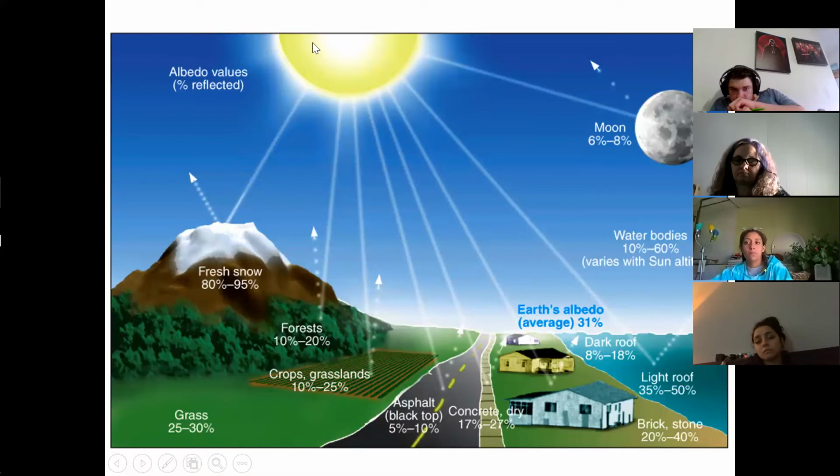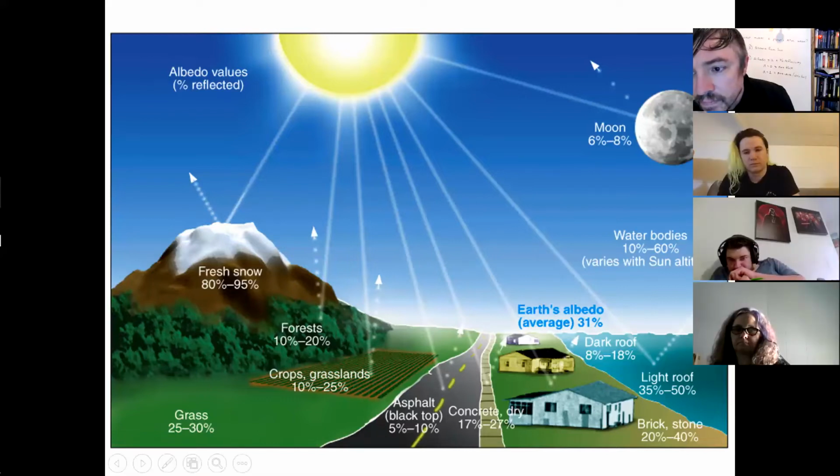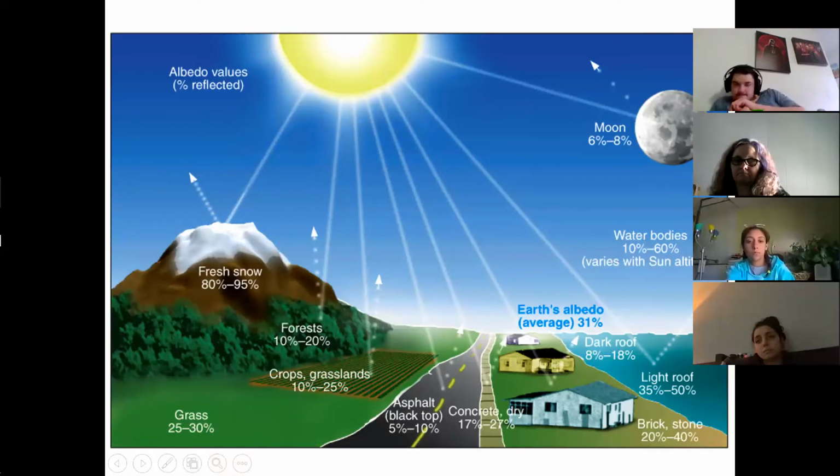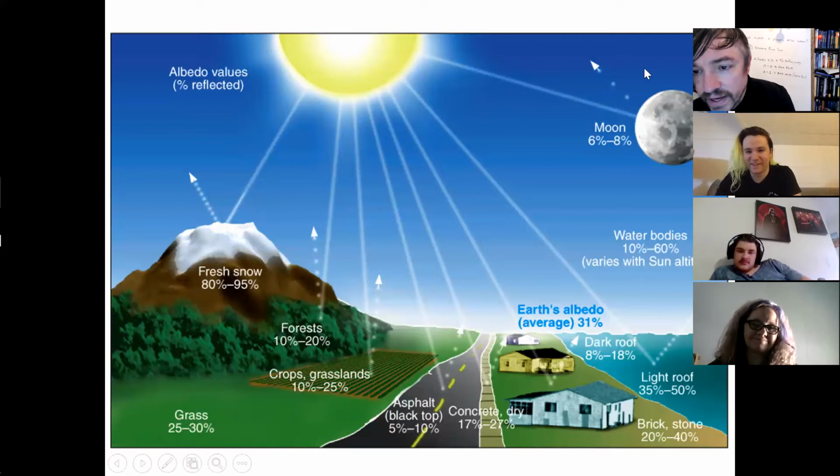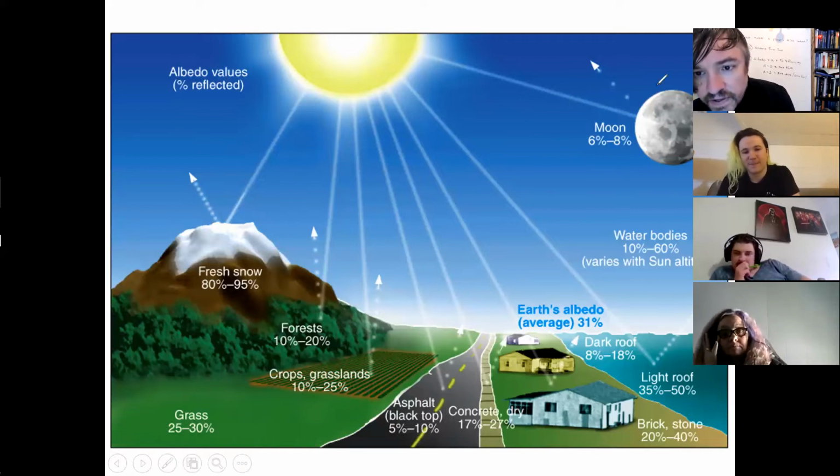What color is the moon when you look at it in the sky? This is not supposed to be a hard question. White. Right, white. But according to this graph, Ian, what substance on Earth does the moon's albedo most have in common with?